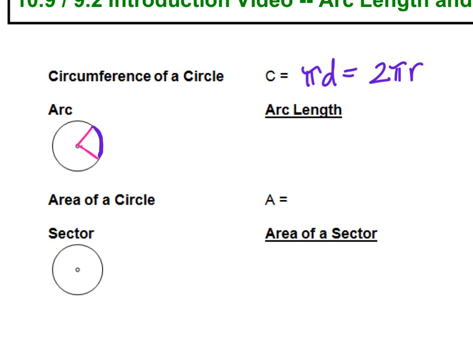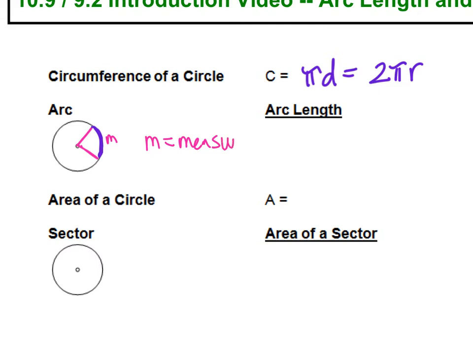Now we're talking, how do we actually measure from here to here? We have a fun little formula, but before I give you that formula, I'm going to put an M right there. That M is just representing the measure of the arc.